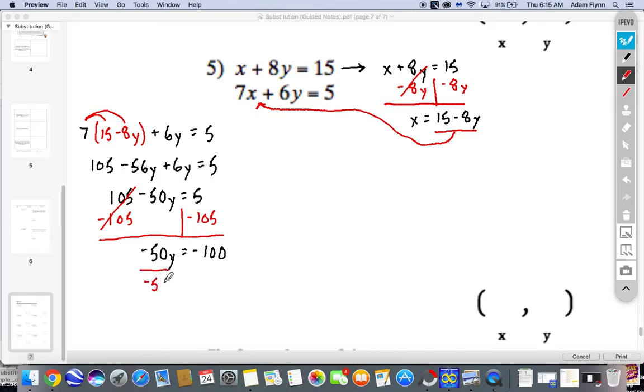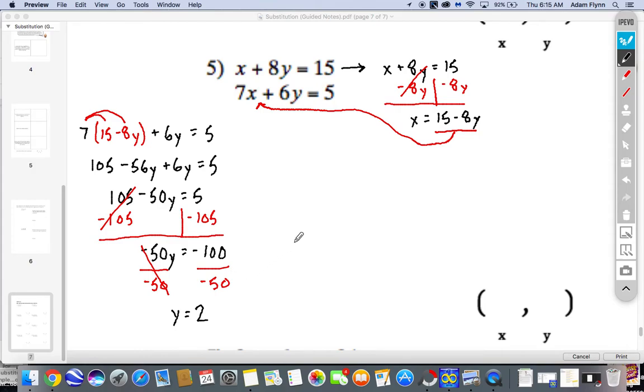Divide everything by negative 50. Negative 50 divided by negative 50 cancels. So I'm left with y on the left side. And it's going to be a positive 2 because negative 100 divided by negative 50 is positive 2 on the right side. Okay, so I've solved for my y.